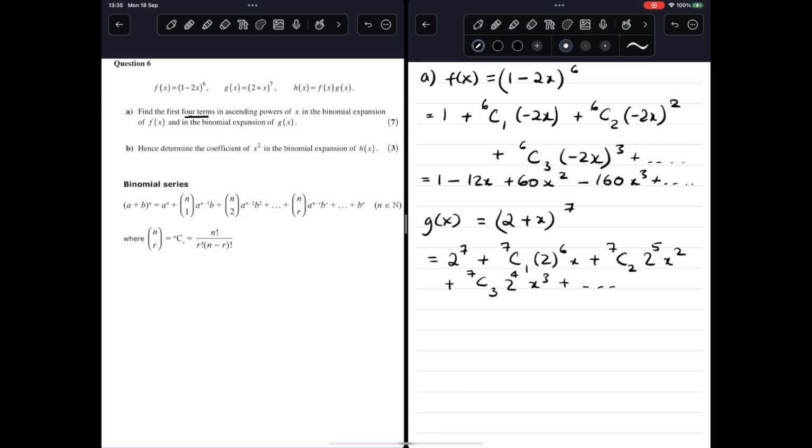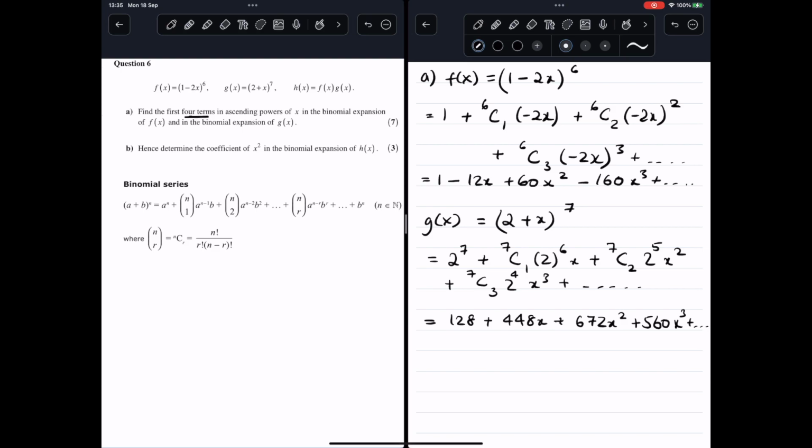Now, that further simplifies to 128 plus 448x plus 672x squared, followed by 560x cubed. So that's part A done.